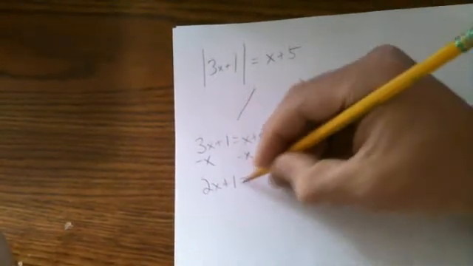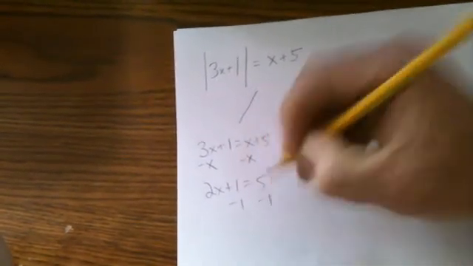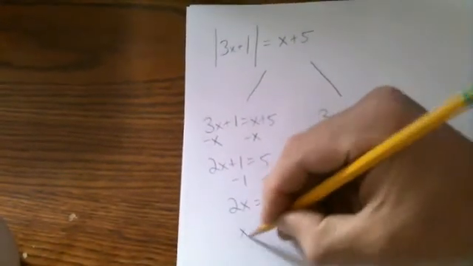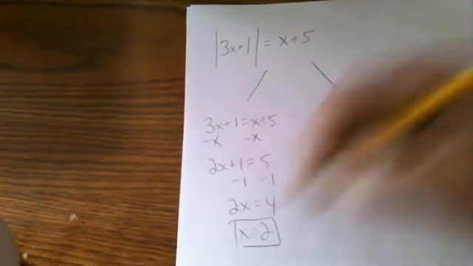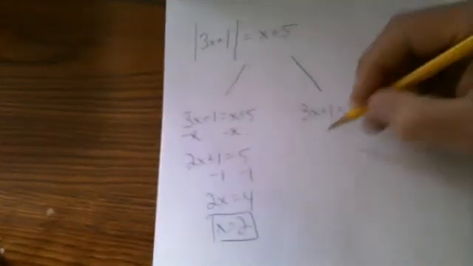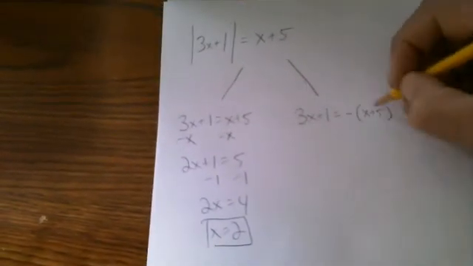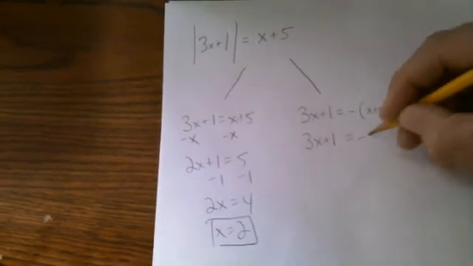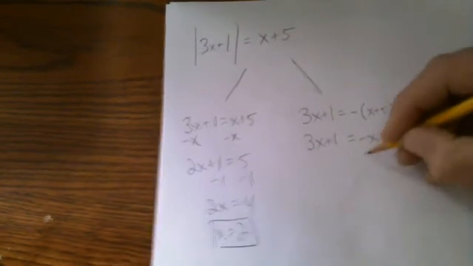2x plus 1 equals 5. 2x equals 4. So we get x equals 2 over here. This side, let's distribute the negative. 3x plus 1 equals negative x minus 5.